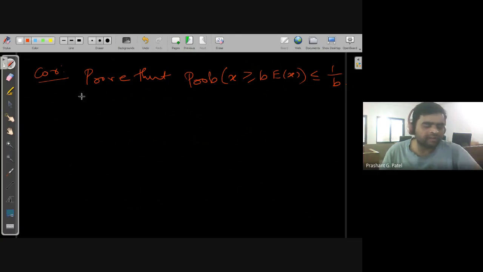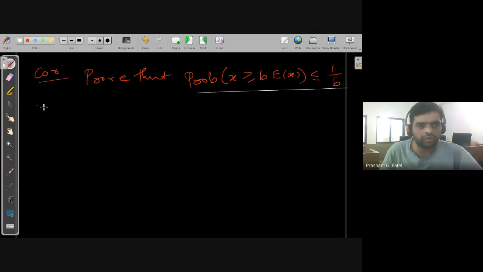So how can we get this inequality from Markov's inequality? Markov's inequality, as we know, so can somebody try to establish this?